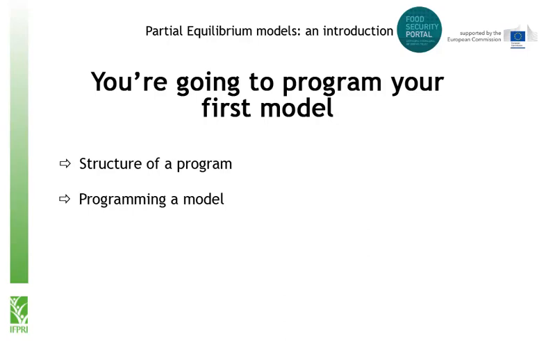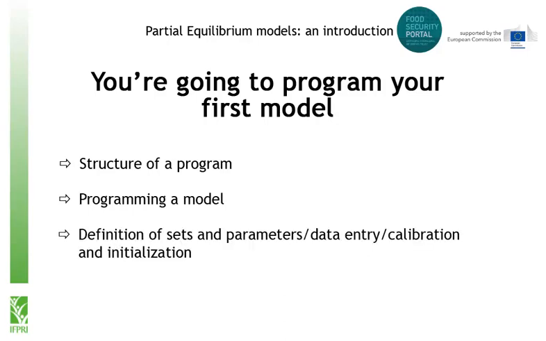Then you see, when you write a model, that you must define some sets, define some parameters, enter some data, and conduct what we call the calibration, and of course initialize the model. In a GAMS file, these are the first instructions that have to be written.